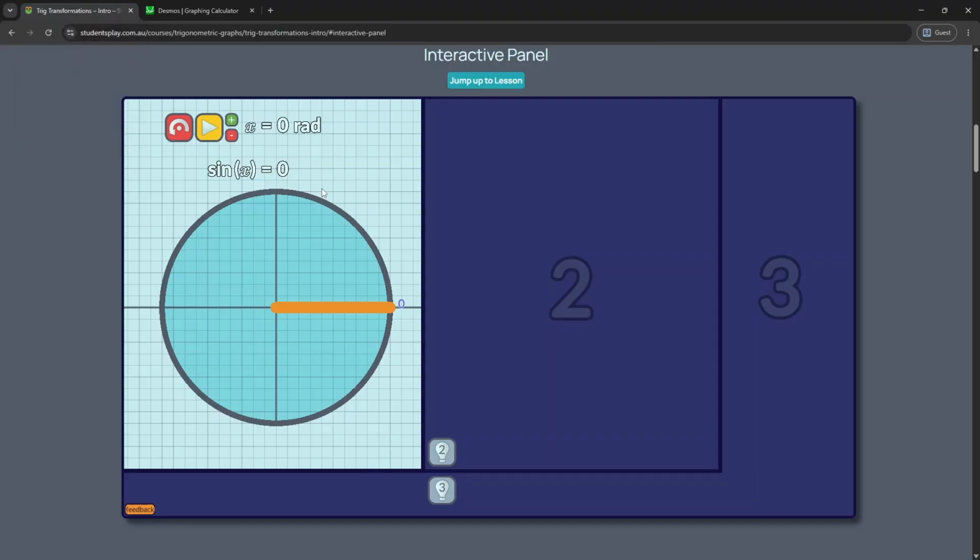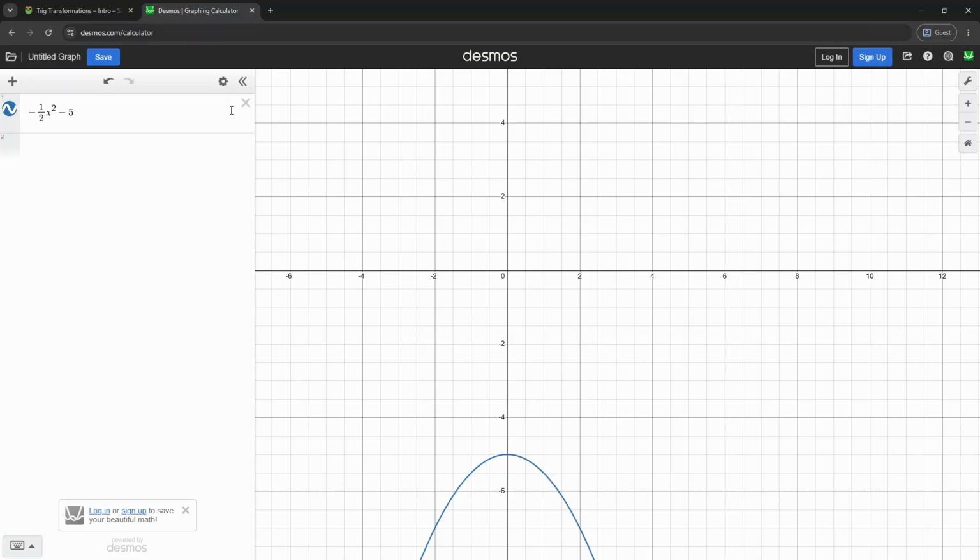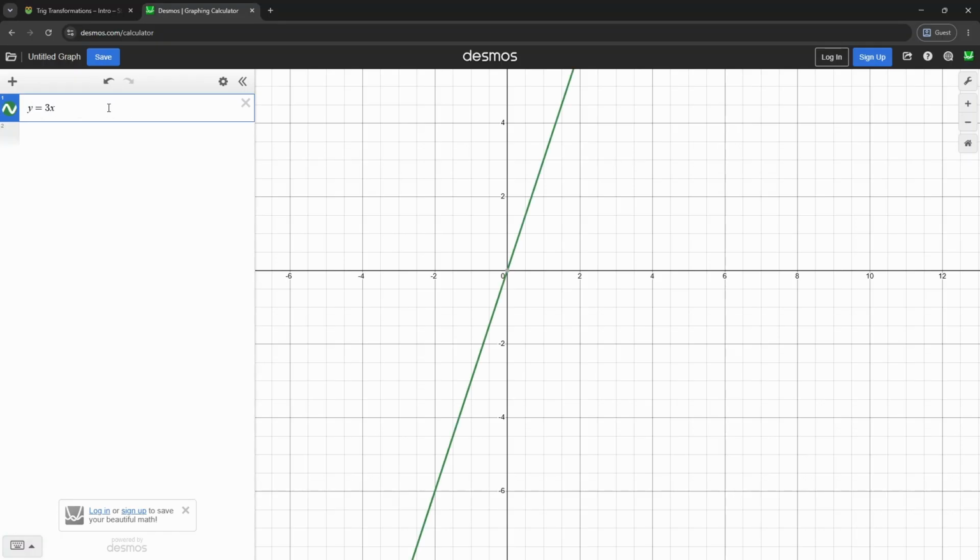So, what we want to think about really clearly here, you know how on a graph, we have an x-axis and a y-axis. Let me clear this one up. We have an x-axis and a y-axis. And we want to really separate the two, especially when it comes to trig graphs, because they can be particularly confusing. So if we have a graph, even just y = 3x, think about x as the input, okay?